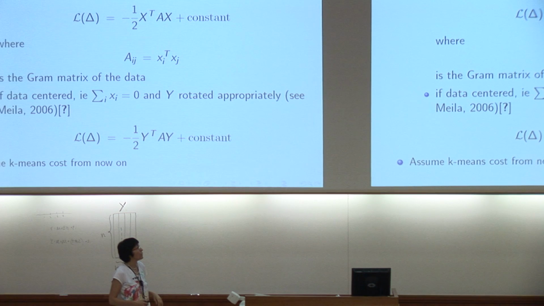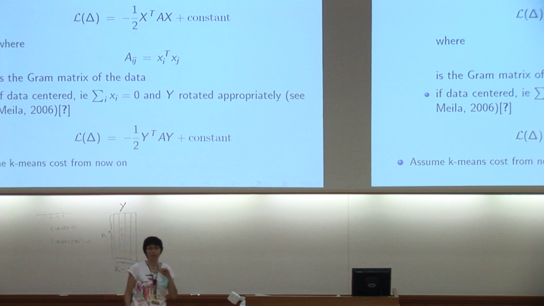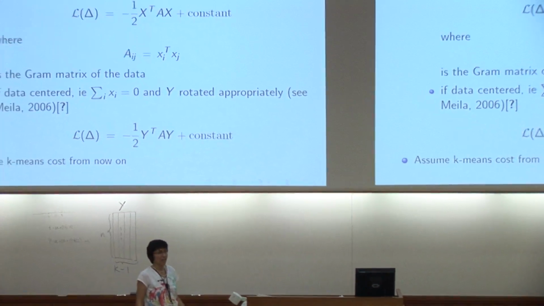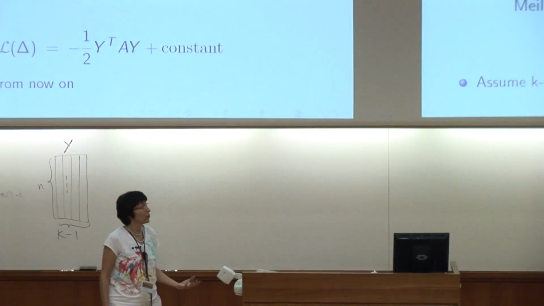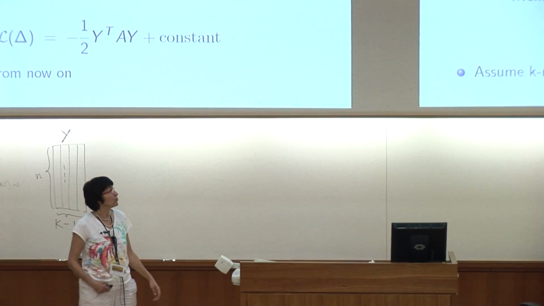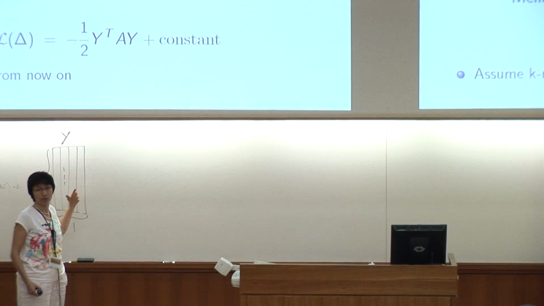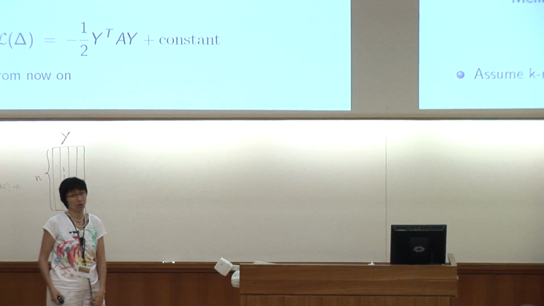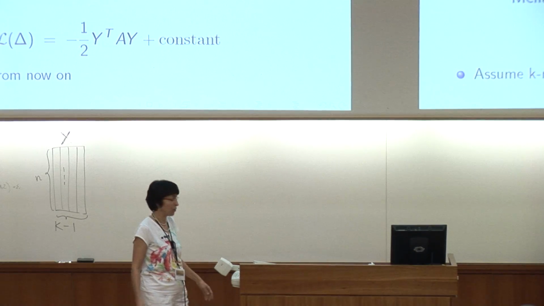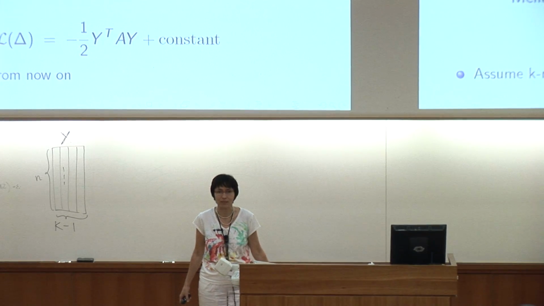So just remember, I can optimize this for a real-valued matrix X. I can optimize this over all subspaces, and that will be an eigenvalue function or a spectral solution. But if I want to optimize it and find a matrix that has zeros and ones, or zeros and non-zeros, then it's a hard problem. It's a combinatorial problem, which we knew all along that k-means was.